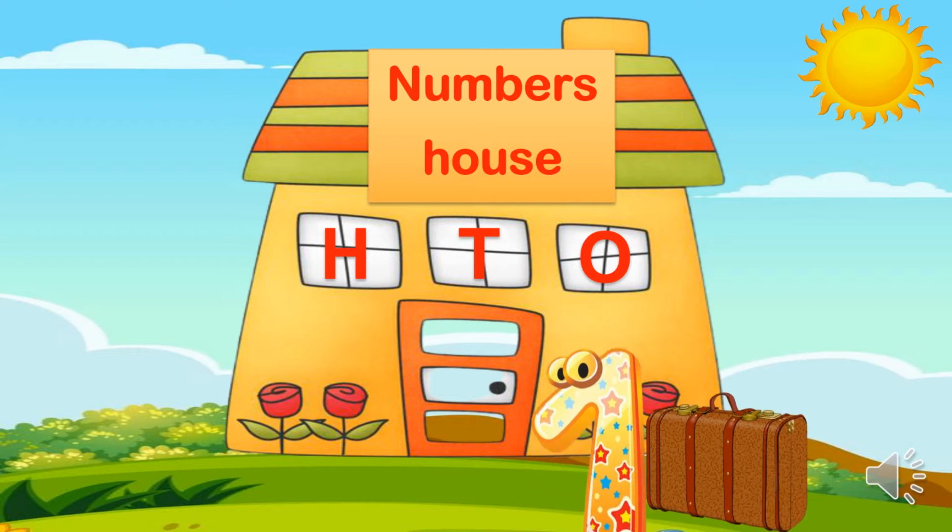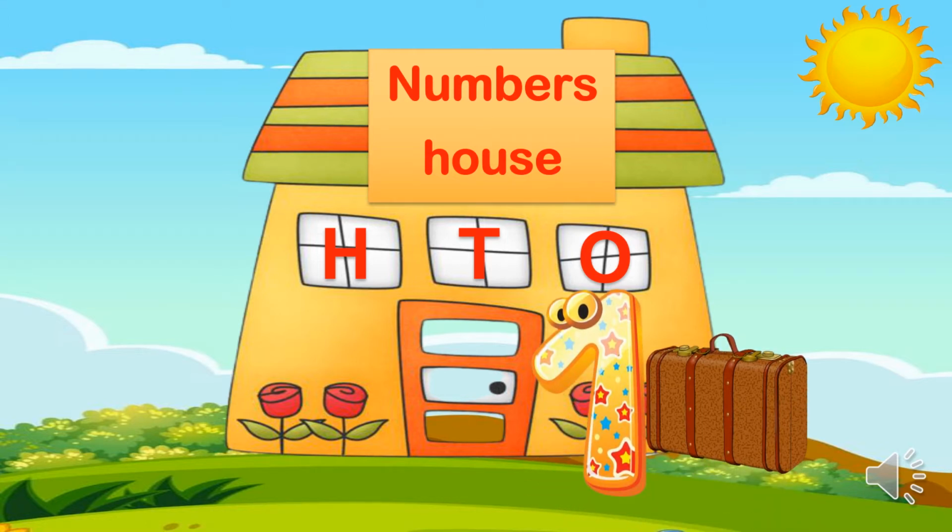This is Mr. 1. Hello, Mr. 1. Do you want to enter the house? Yes, I want. In which room will you sit? I will take the one's room because I am only 1 digit.